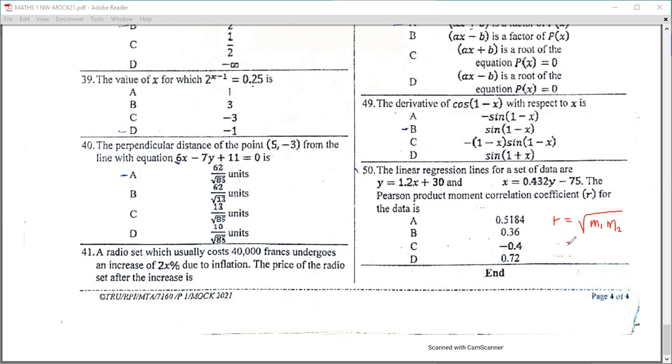So this is going to give us the square root of 1.2 times 0.432. The product of this is going to give us 0.72. So this is the product moment correlation of these lines with regression y on x and x on y.